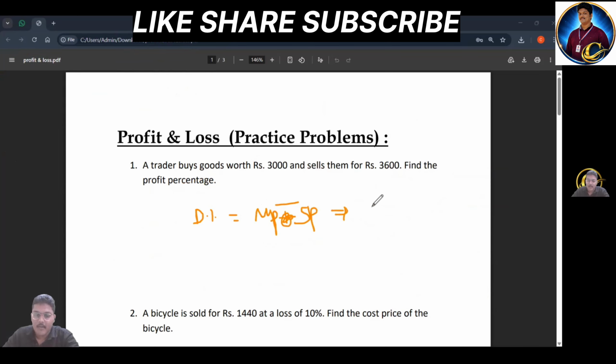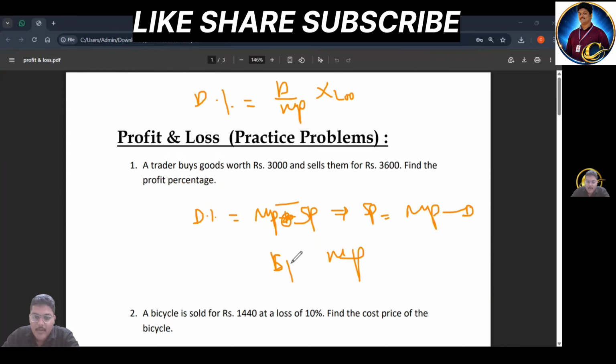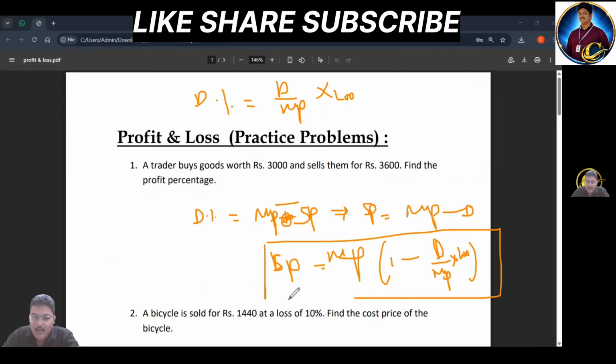So that implies SP is equal to MP minus D. In the previous, you know that discount percentage is equal to D by MP into 100. From that, we will write SP is equal to MP into (1 minus D by MP into 100). This is the formula for selling price in terms of discount.